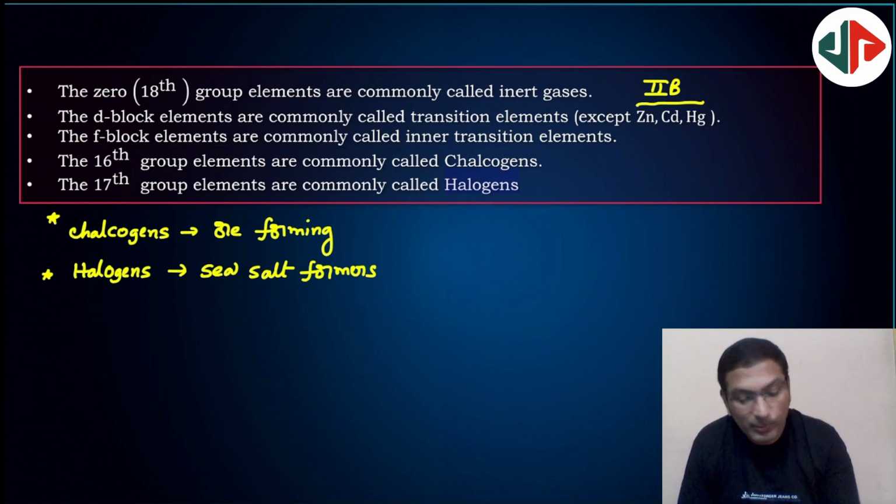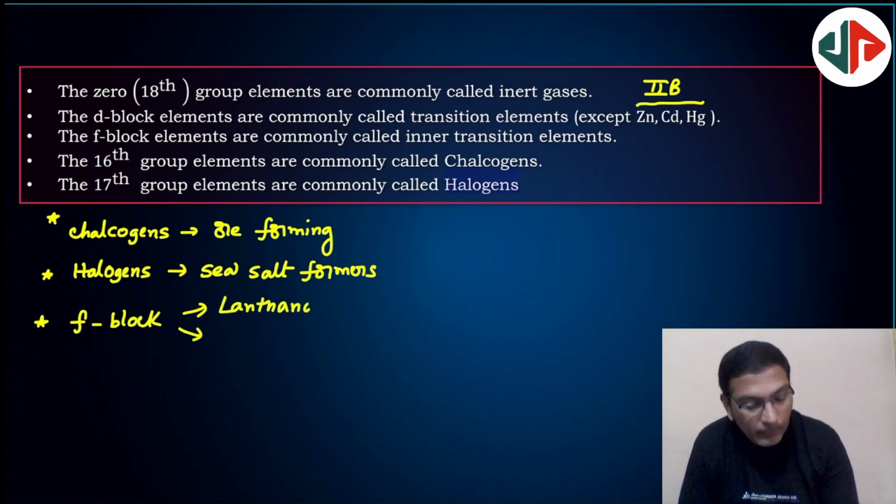Next, here one more point. In f block, we have two series of elements: lanthanoids and actinoids. Lanthanoids are also known as 4f series, actinoids 5f series.